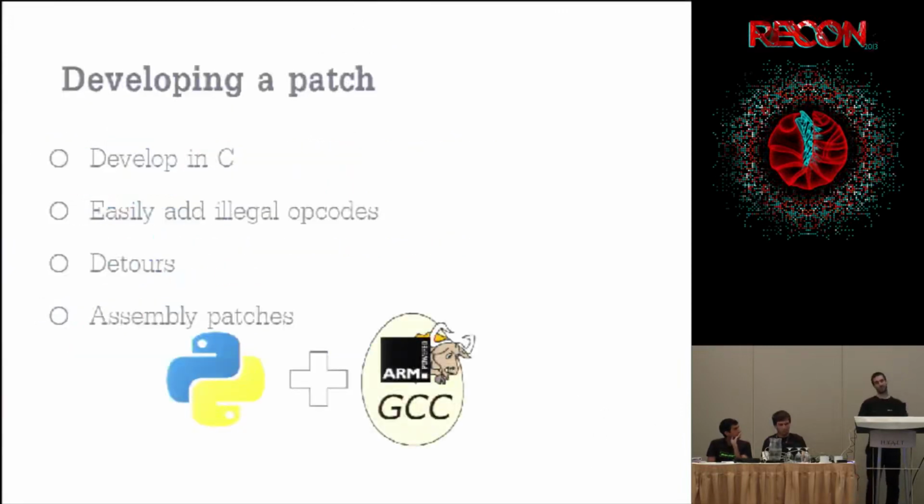So we decided to write two research tools, one to help us with binary patching, and one that will help us in the kernel to avoid kernel patching each time. The first thing we did was write a simple Python script called a generic patcher, which wraps all the binary patching tasks and allows us to write simple detours and any other patch in C instead of in assembly.